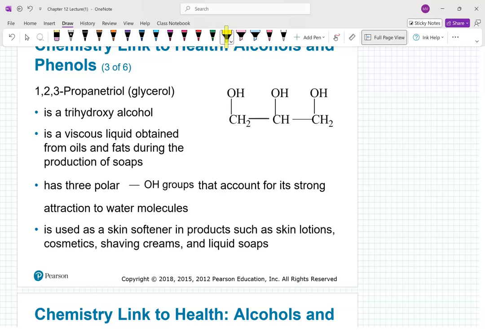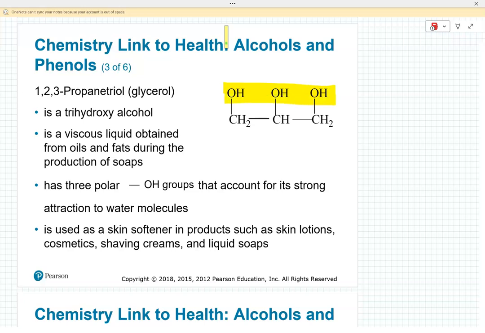No? It's often a component of cosmetic products like shampoo, soaps, creams, that kind of stuff. So it is a very powerful skin softener. When I was a kid, we always had a bottle of glycerol in the house.